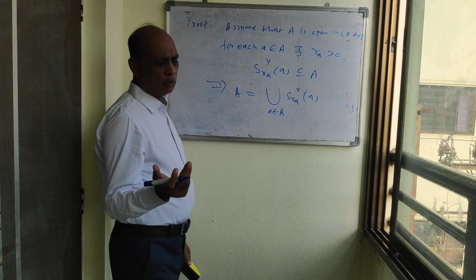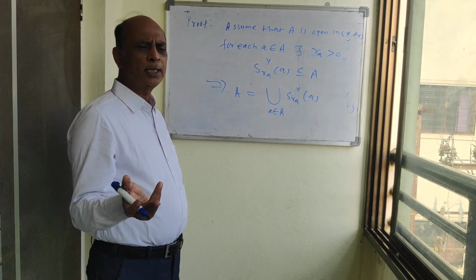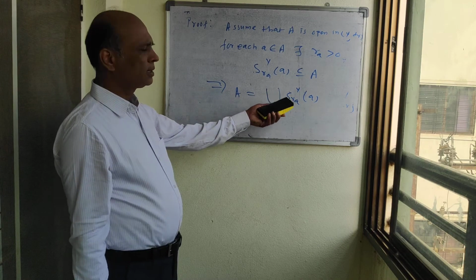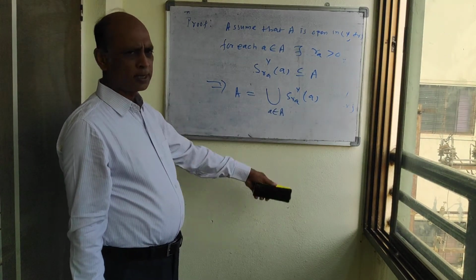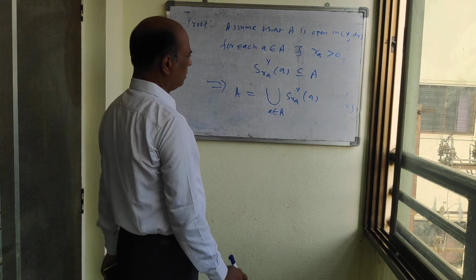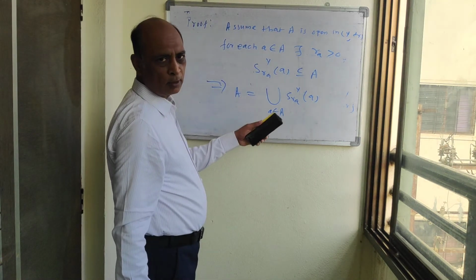How have we written this step? We have seen a theorem that the arbitrary union of open sets is open, and therefore we have written A in terms of the union of S_{r_a}^Y(a). But what is this S_{r_a}^Y(a)?